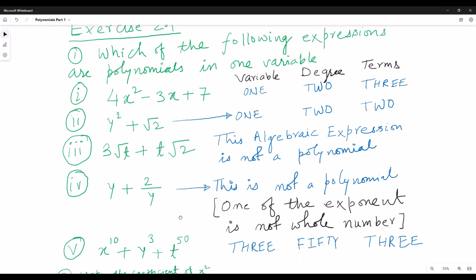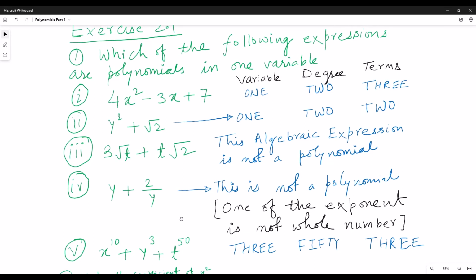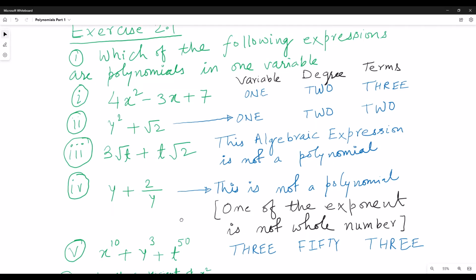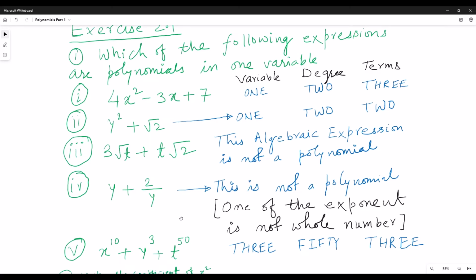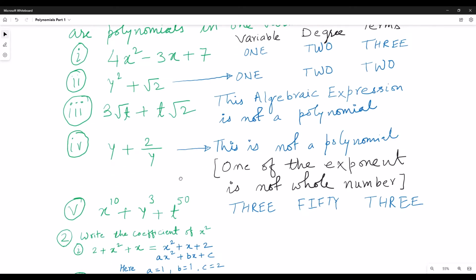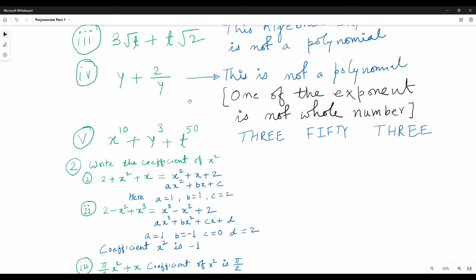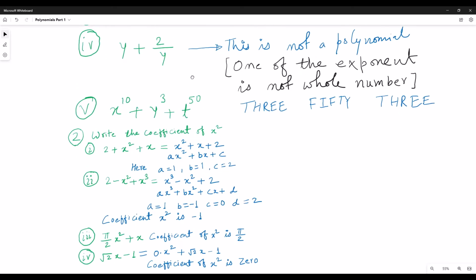This is in one variable, but the expression itself is not a polynomial. So this is not a polynomial in one variable. Next, 2y plus 2y, here also the same thing. This is not a polynomial because the exponent is not a whole number. Here the variables are three: x, y, and t. There are three variables, so this is also not a polynomial in one variable.